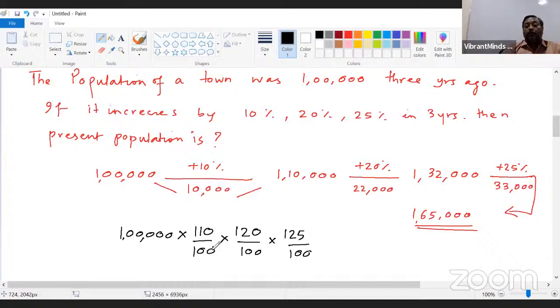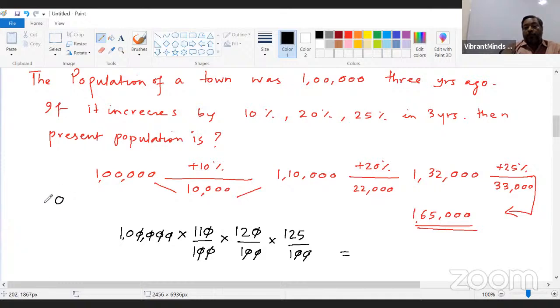Now we have 4 zeros: 1 2 3 4, 1 2 3 4, 1 2 3 4. So the question has now turned into 10 into 11 into 12 into 125.